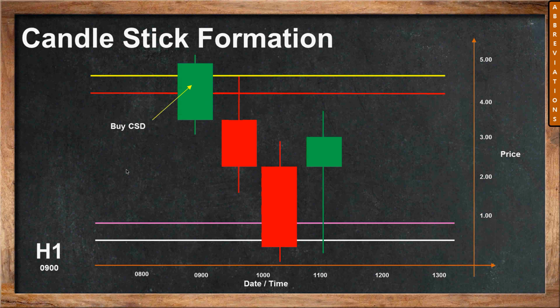The first one is a buy candlestick direction, because this candle breaks through Mahi 5 and 10, so it tells you the price is going to go up. Over here on the next one we have a sell entry, because this candle rejected the sell indicators, Mahi 5 and 10.